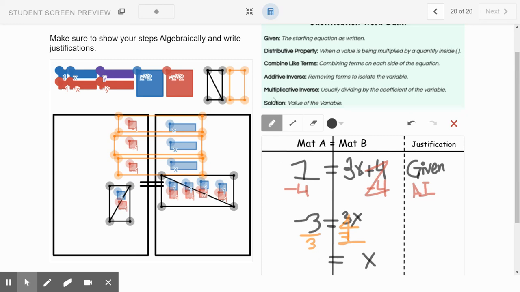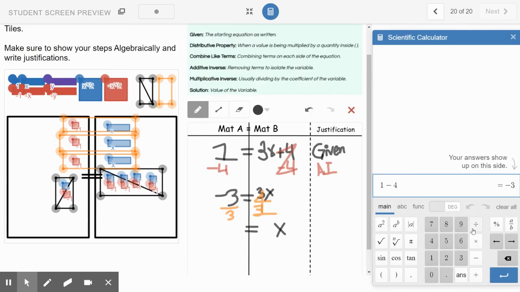Okay? Now, again, there are two ways I could do this. I could use the calculator, do negative 3 divided by 3, and that gives me negative 1. But I could also look here at my 3 equal groups, and see that on mat B, I have x. Well, that's what I have here.